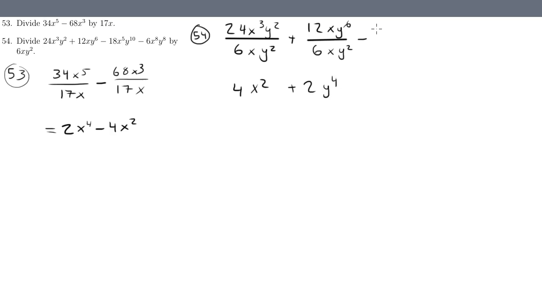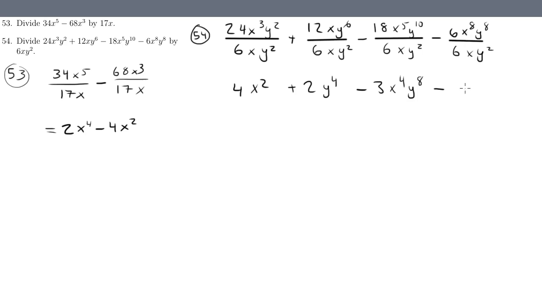Okay. Minus 18x to the 5th, y to the 10th. That'll give us, let's see here, 3. So minus 3x to the 4th y to the 8th minus 6x to the 8th y to the 8th over 6xy squared. No coefficient, coefficient of 1, x to the 7th y to the 6th.